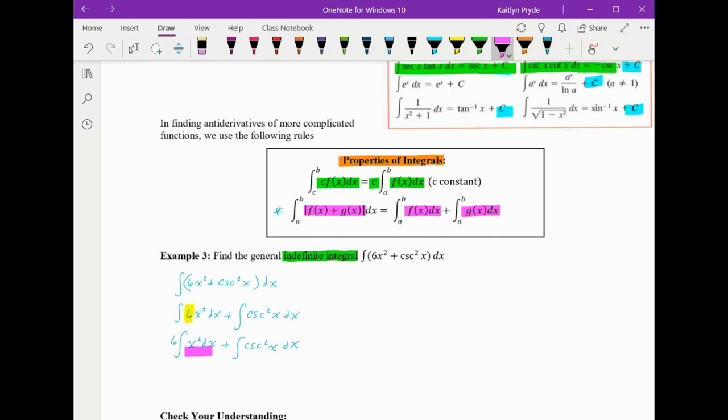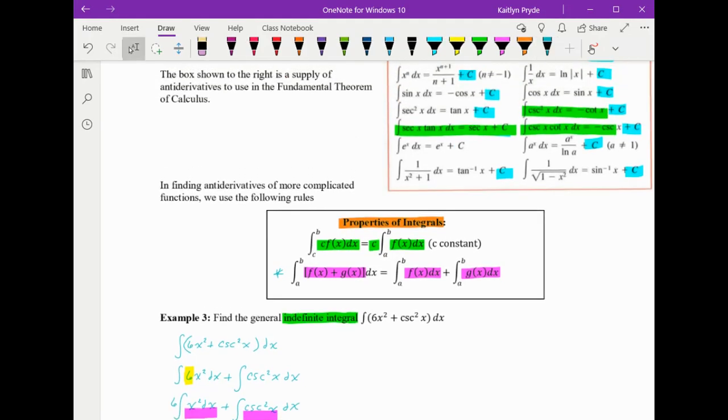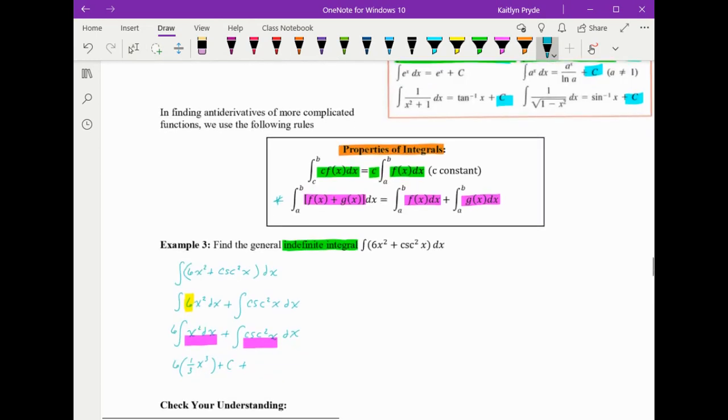Here I end up with 6 times 1 over 3 x cubed, and again, technically I have a plus c here. Then over here I have plus my antiderivative of cosecant squared, which you can go up here and see is negative cotangent of x. So I have plus a negative cotangent of x, and again technically that plus c.